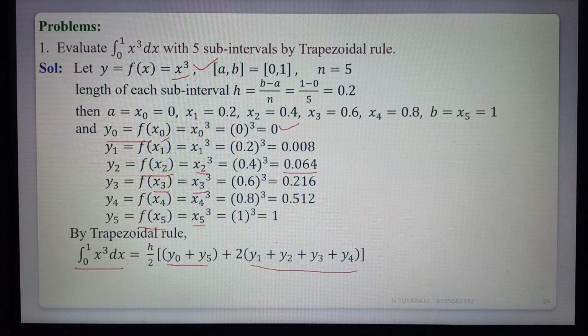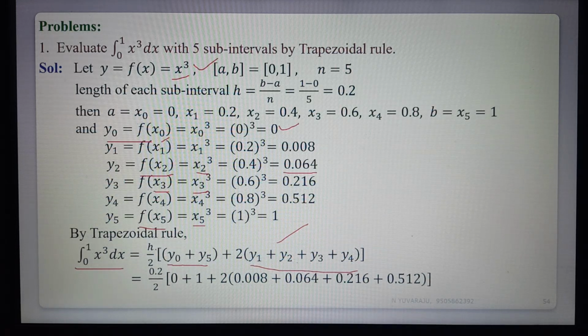Substituting all y values in this formula, h is the step length 0.2, so 0.2 by 2 into (y0 0 plus y5 1) plus 2 into (y1 plus y2 plus y3 plus y4). After simplification we get the value 0.26.